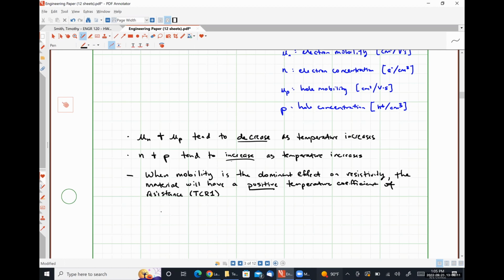So from this, we can see that as temperature increases, electrical resistivity increases when mobility is the dominant effect.